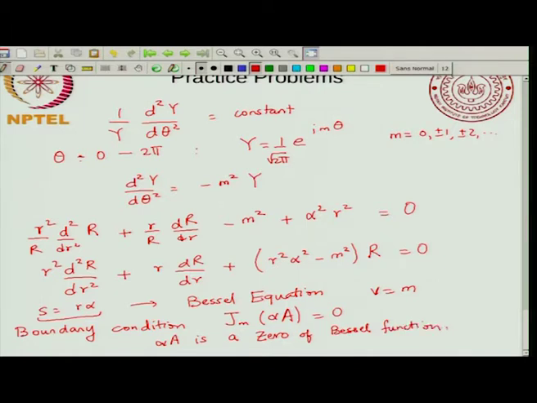So this is how you solve problems with circular boundary conditions, and indeed it is because the zeros appear at distinct points that you actually get the quantization of this particle on a circle.